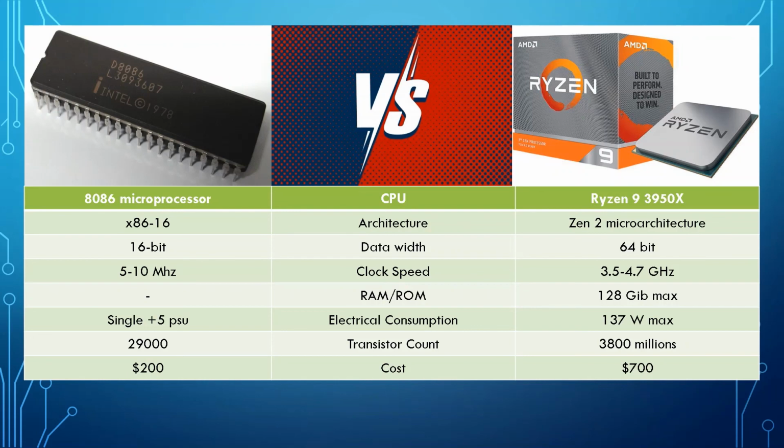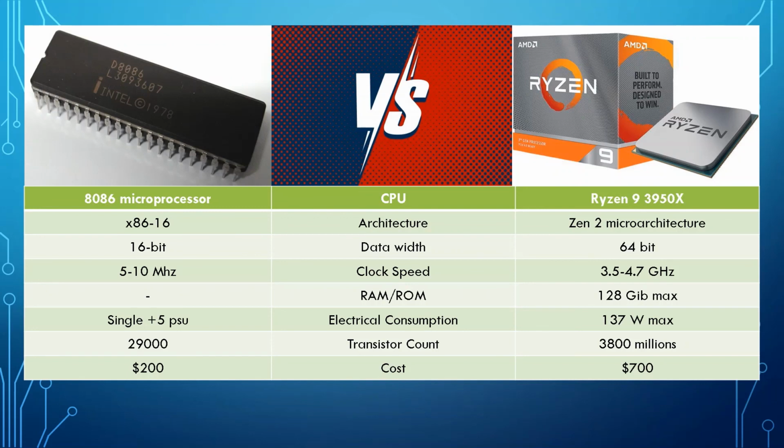The 8086 doesn't have any RAM or ROM, while the Ryzen 9 can support memory up to 128 GB with a speed of 3200 MHz. To power an 8086 microprocessor, it only needs a single 5V from a power supply, while the Ryzen 9 3950X has a maximum power consumption of 137 W. The differences between these microprocessors can also be seen in their transistor count.